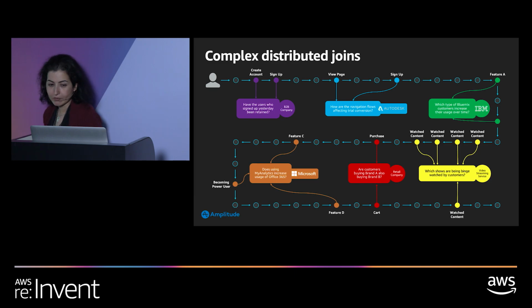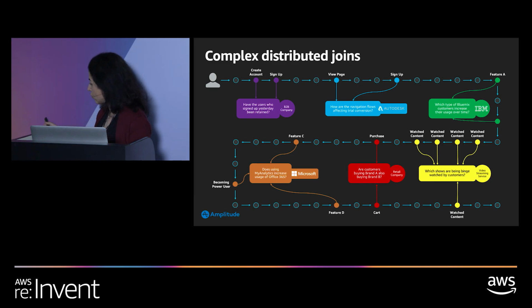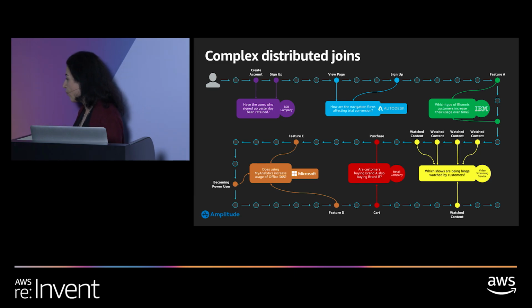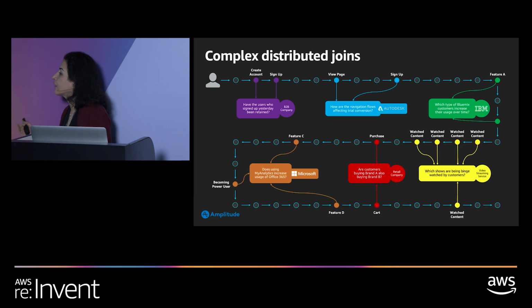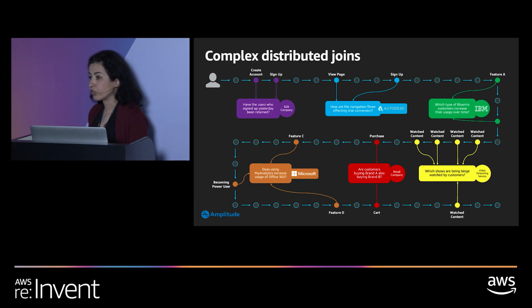For example, one of our video streaming solution customers wants to know which shows are being binge watched by customers. To be able to do that, you have to look at customers and all of the events from that customer, merge them and join them, and then do it across customers to find the shows. And that's what we call the complex distributed joins that we do at Nova.